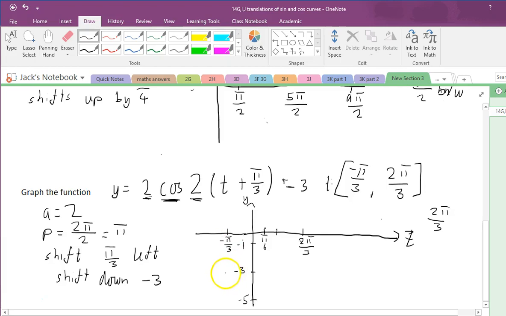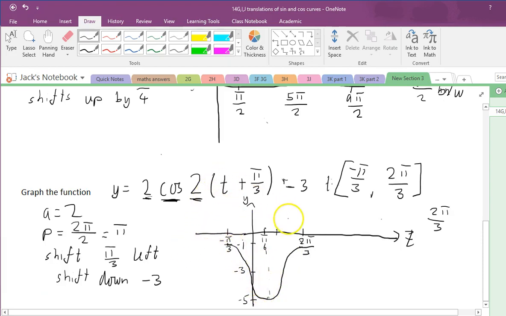So rather than starting at the midpoint, we're actually starting at the top, at its peak. So we start at negative pi on 3, and we're dipping down, and we know that the base is going to be at pi on 6, and then from there it just reflects about the midpoint here, and we're finishing at 2 pi on 3.